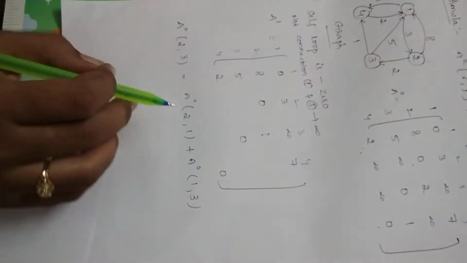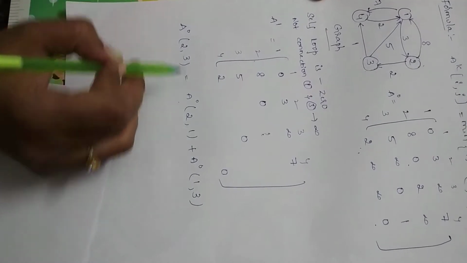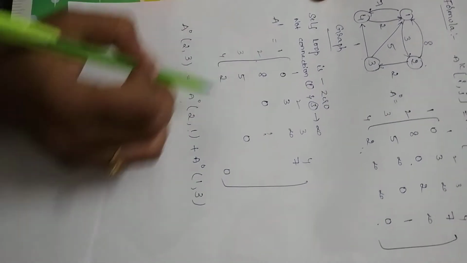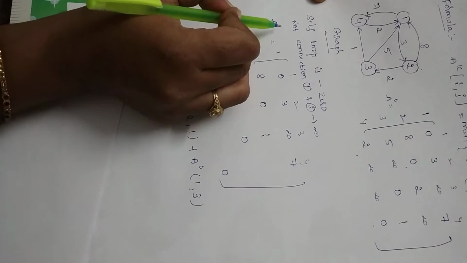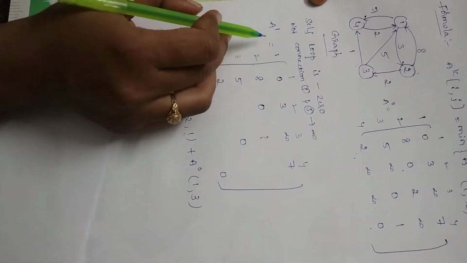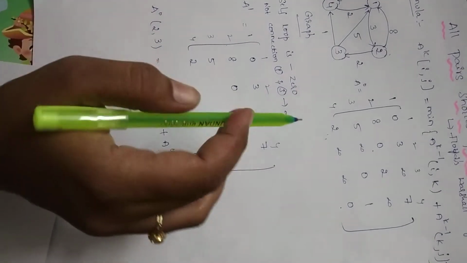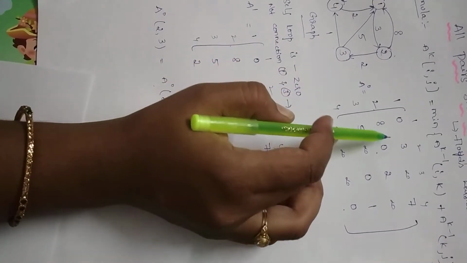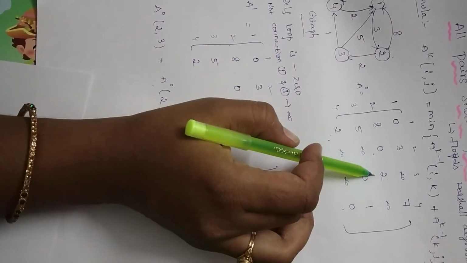This is the formula, where k is 1, because we are computing the first matrix. The value of 2 to 3 is 2.